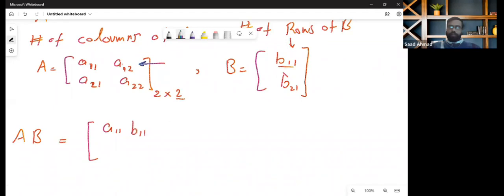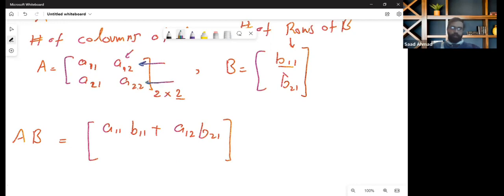Then we take the next entry, A12, and it gets multiplied with the second entry there, B21. Then you add them. That's done for the first row.